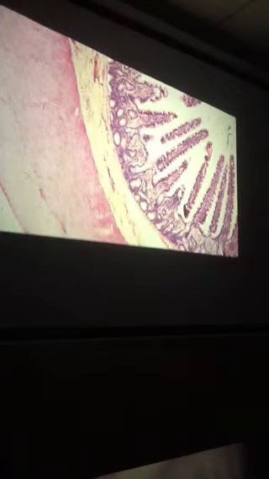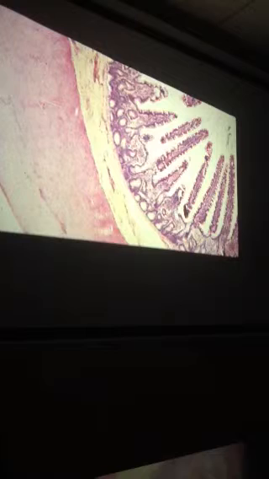So you don't have enough to do anything more than call this small intestine. That's the right answer, because you see villi, that's it. So just identify it for what you see. Don't try to imagine or force the issue with something that's not there.